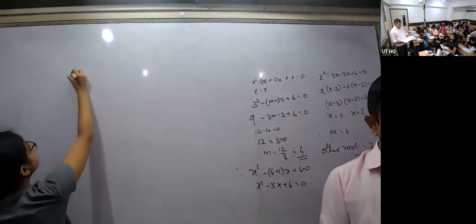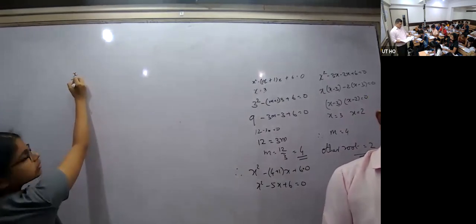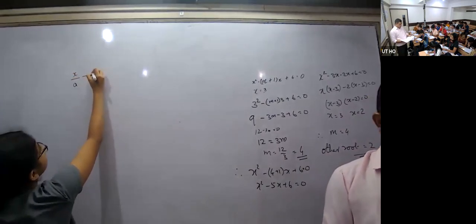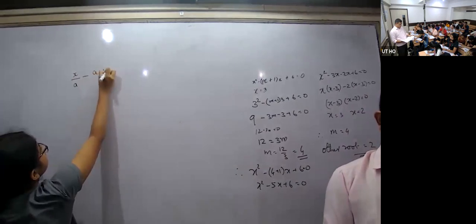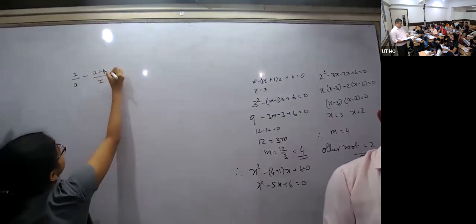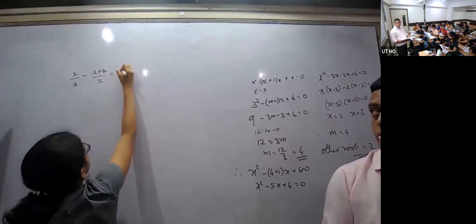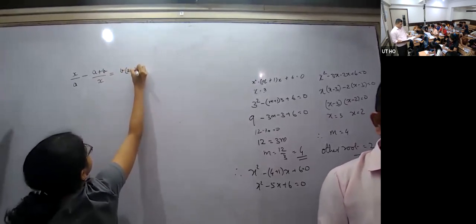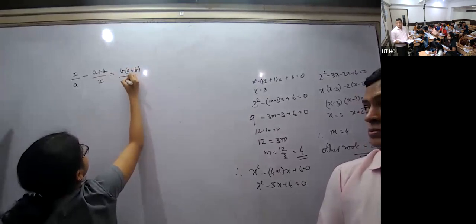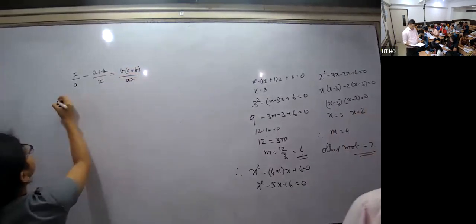x upon a minus a plus b upon x is equal to b times a plus b upon x, a upon ax. Yes. You have to solve.